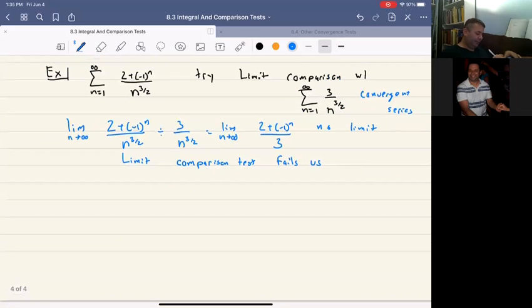But now you see where we're going with this, I hope. 2 plus negative 1 to the n over n to the 3 halves is less than or equal to 3 over n to the 3 halves. By the way, it's also bigger than or equal to 1 over n to the 3 halves.